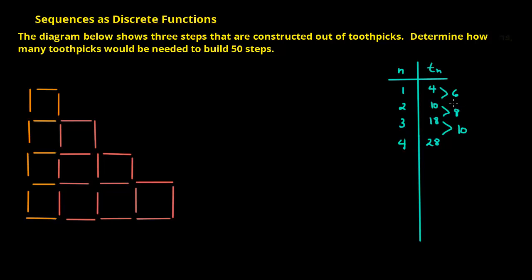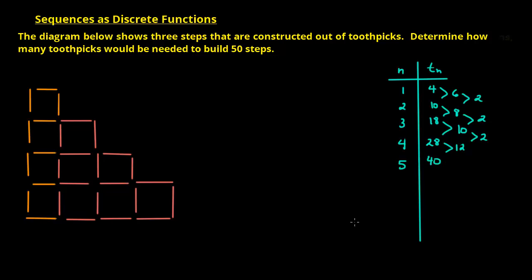So now it seems like the number of toothpicks required to build each successive step is going up by 2 each time. So if you look at this 6, 8, 10, we've got this constant increase of 2. So presumably for the next step, we would require 12 more toothpicks, which would mean that we would require 40 toothpicks.